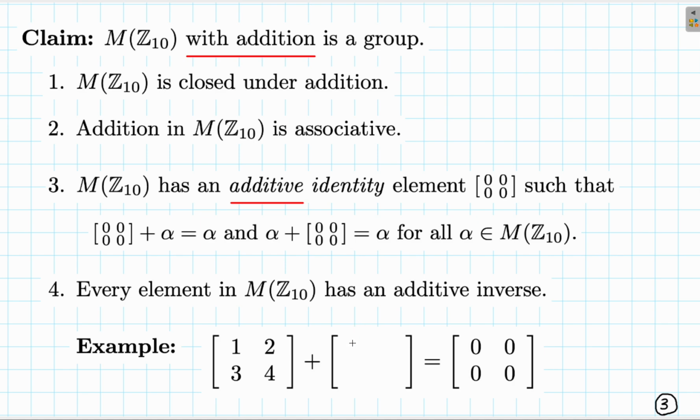Well, we saw that that is 9, 8, 7, and 6. When we add those two matrices together, we get the additive identity matrix, namely the 0 matrix. So we conclude that M of Z10 with addition is indeed a group, satisfying our 4 group properties.